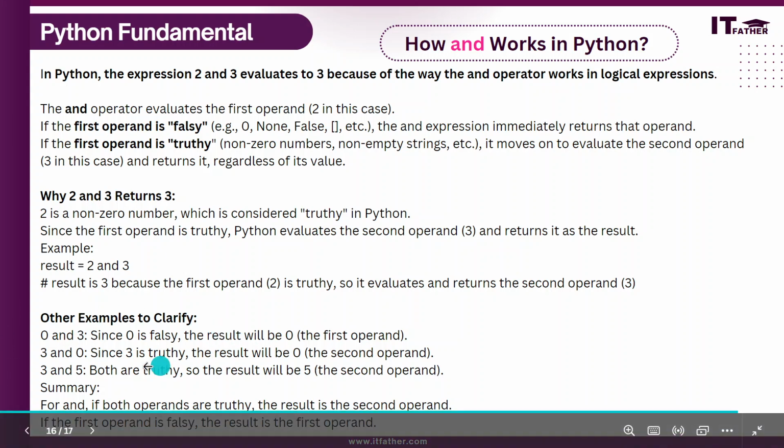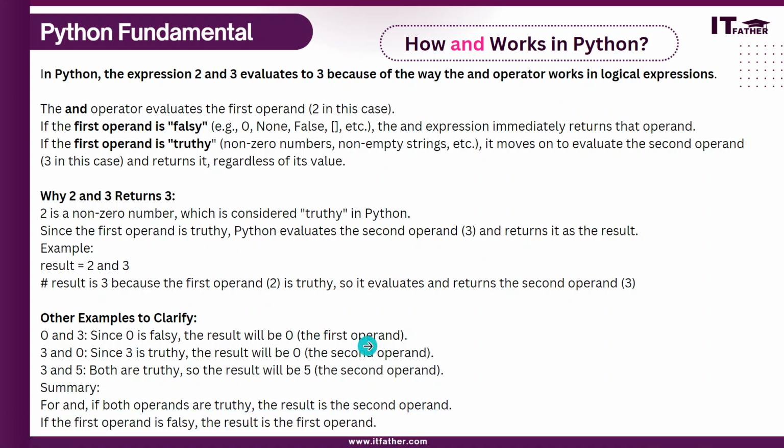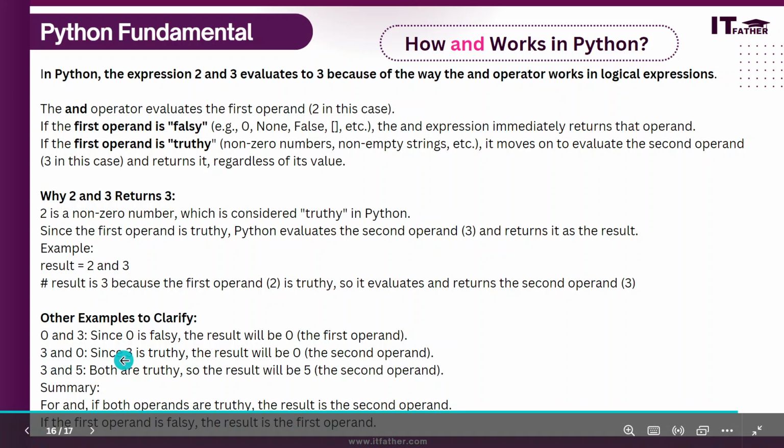You can understand the example once again: 0 and 3, since 0 is falsy, the result is 0. 3 and 0, since 3 is truthy, the result is 0. 3 and 5, both are truthy, so the result will be 5.